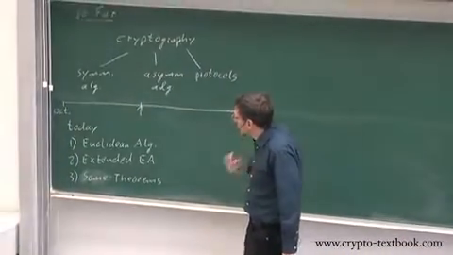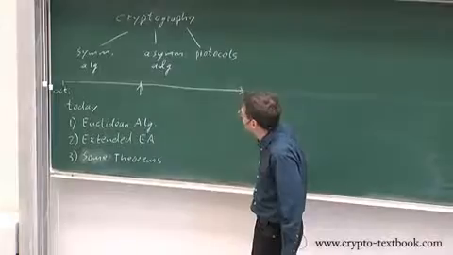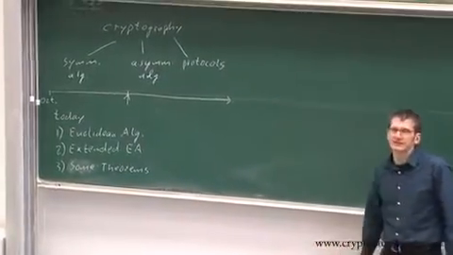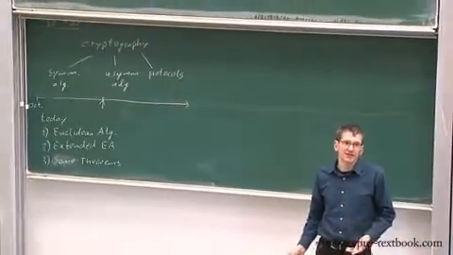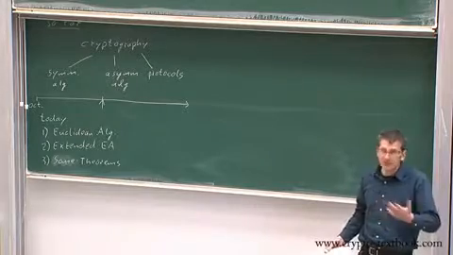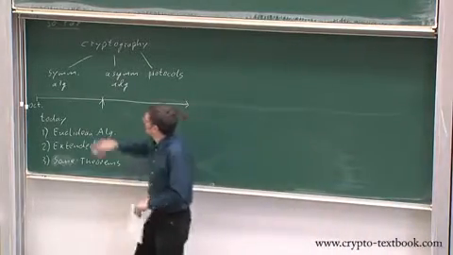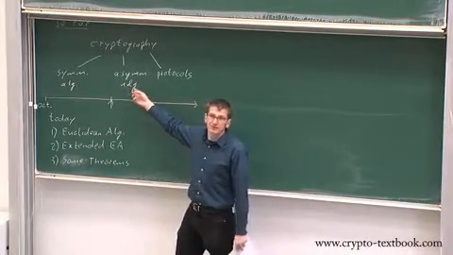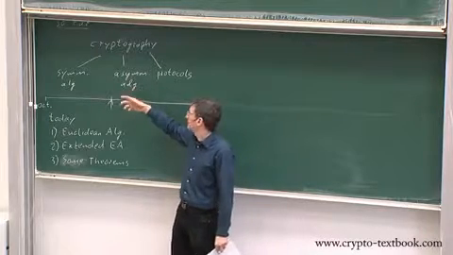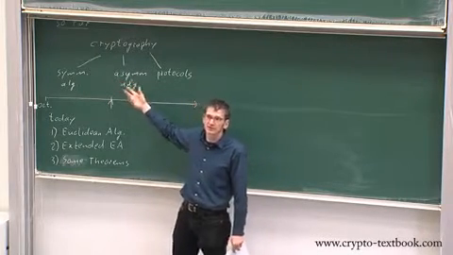What we are going to do today is not actually doing the cryptography itself, but we have to do mathematics. There's one big difference between symmetric and asymmetric cryptography. And public key cryptography is the same as asymmetric.